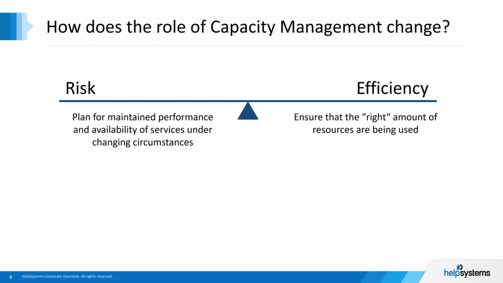The other aspect of it is the efficiency. So ensure that the right amount of resources are being used, so we're not over provisioning or wasting resources, but at the same time not being too cheap and using too few resources. So keeping that balance has always been the classical pitch for capacity management.